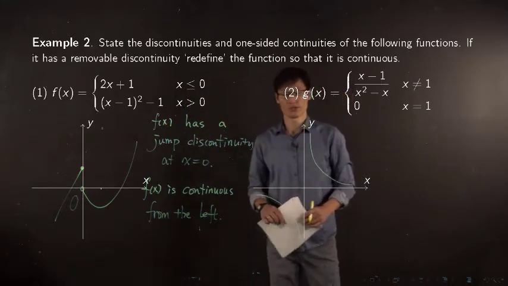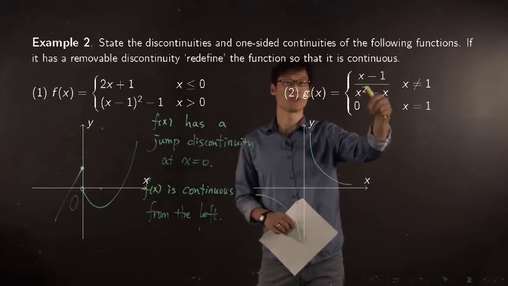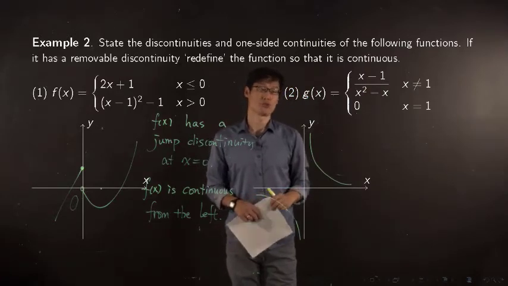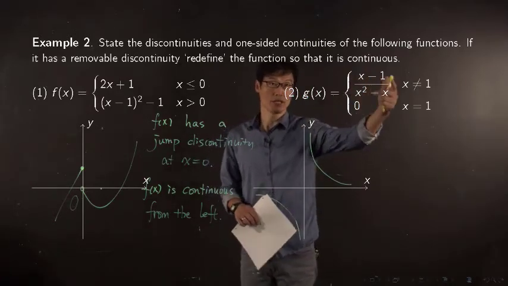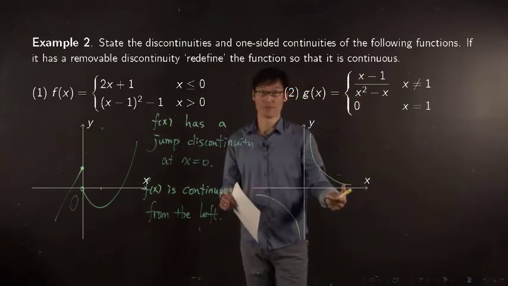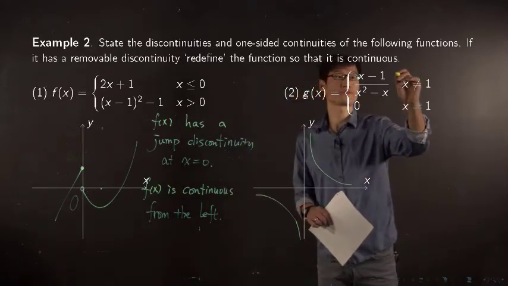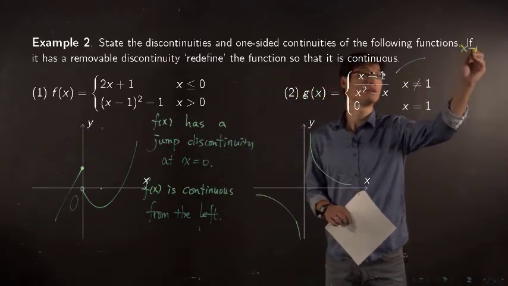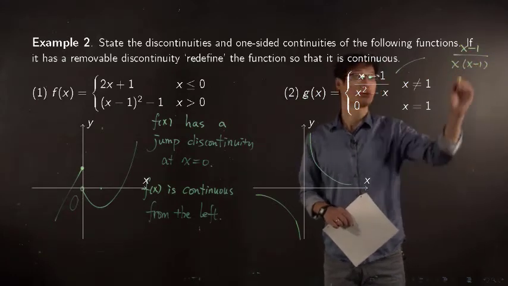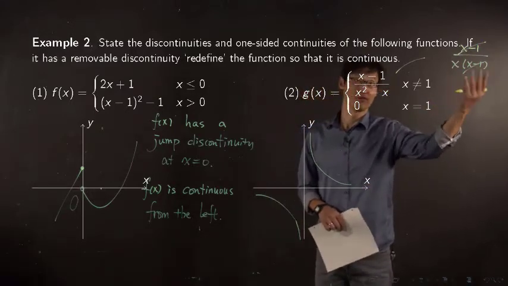Okay. For the second function, we need to look at this expression carefully. We can simplify it. The numerator x minus 1 and the denominator x squared minus x have the same common factor. When you factor the denominator, we have x times x minus 1. So you can cancel, and after canceling, we have just 1 over x.